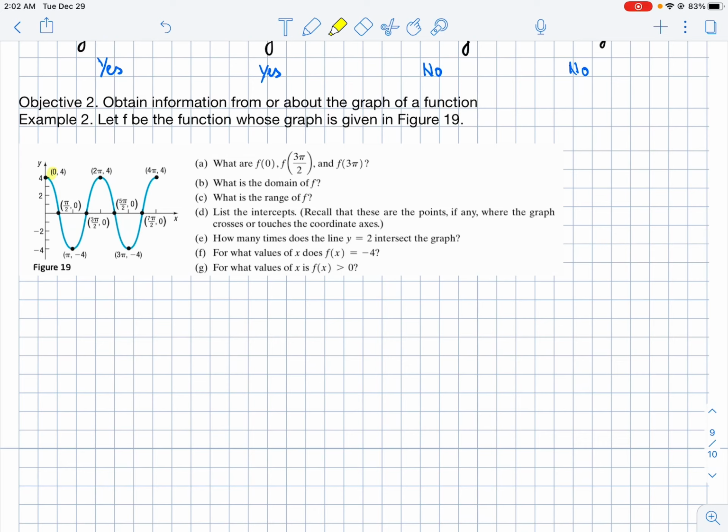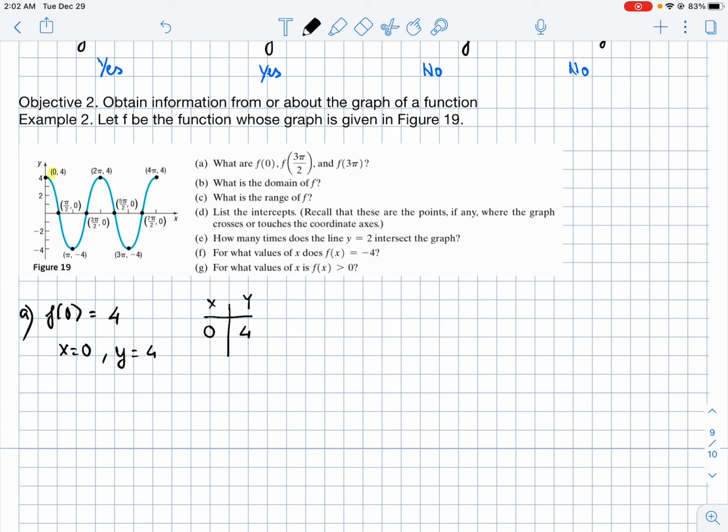The x part 0 is this point, and that's it. So that means f of 0 gives us the output 4. This means x equals 0 and y is 4. You remember, if you make the table with x and y, you put the 0, then you will get the answer 4 in the output. So 0 is the input.